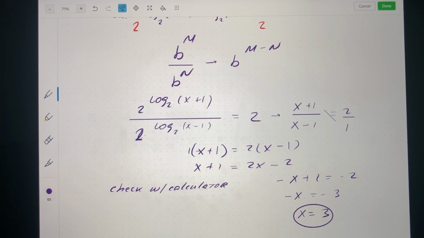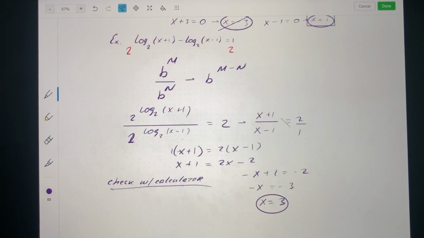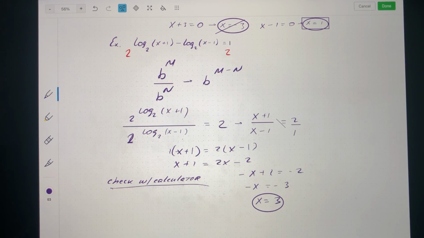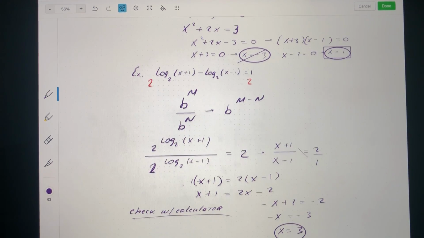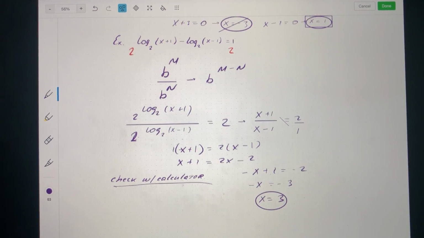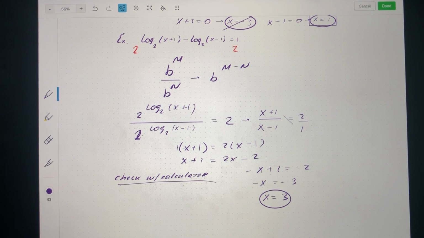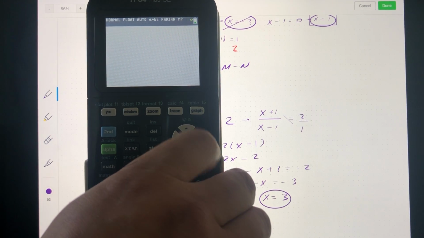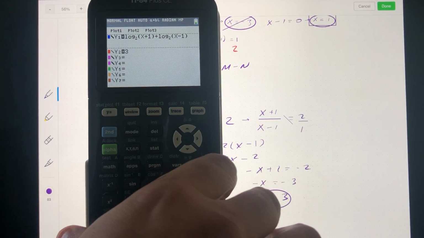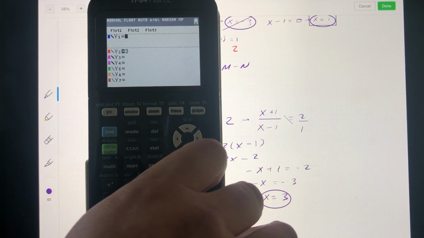And that's our solution. Now we can check with the calculator to see if it actually works. Let's type in the original equation and see if the calculator says 3. So here's the calculator. Let's go to y equals and type in the equation.